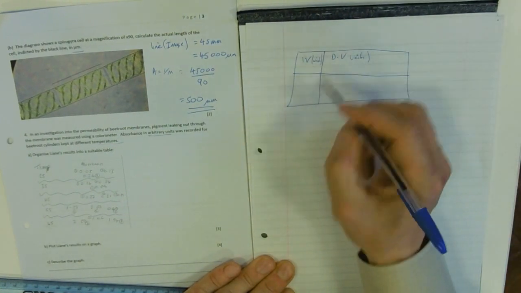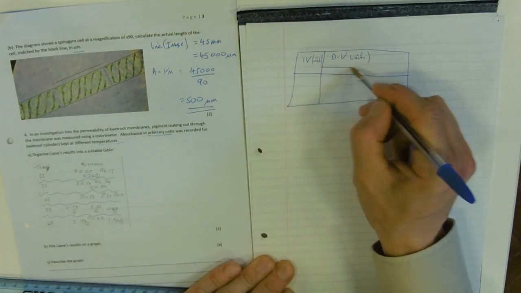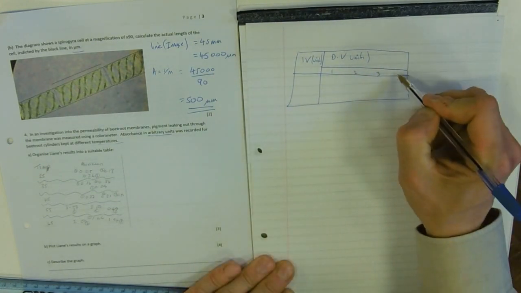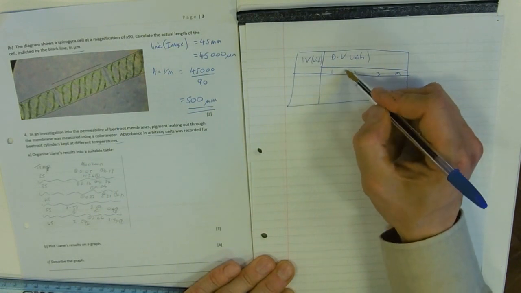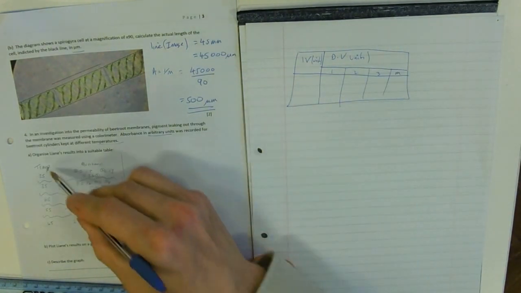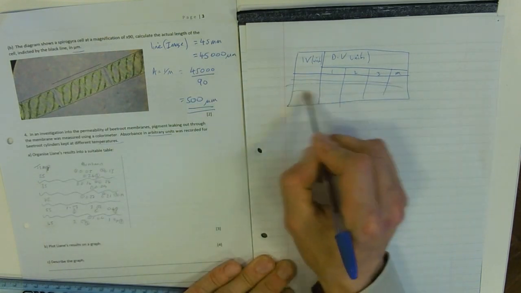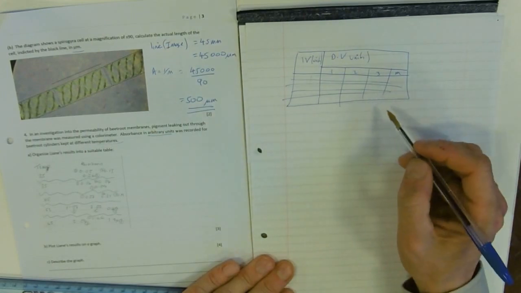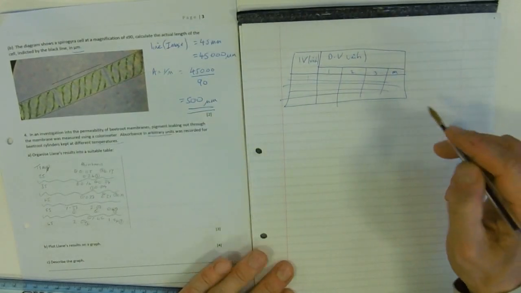Then if we've got repeats we're going to have 1, 2, 3, and then our mean there, and I'm going to put lines down there, and then we've got our temperatures down there. Okay, so that's how we're going to organise that, but in a kind of neat way.